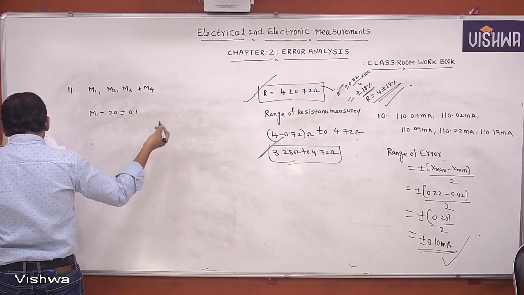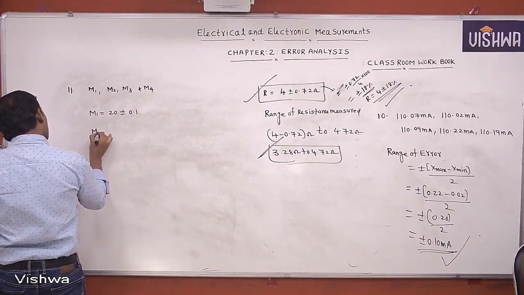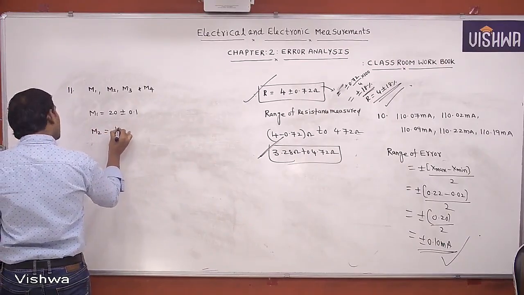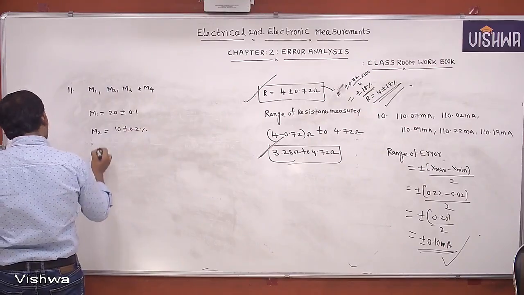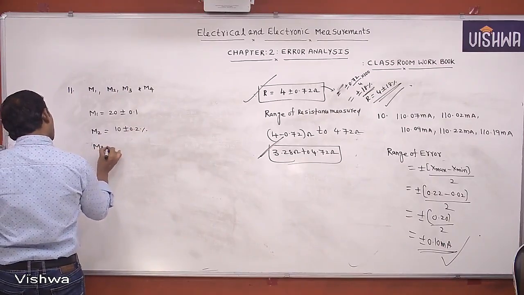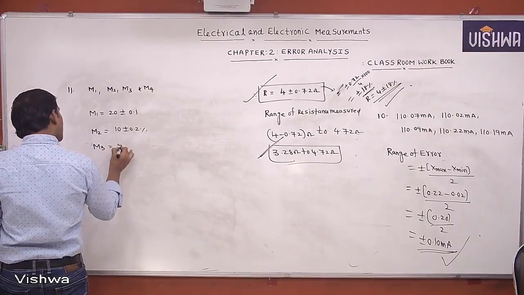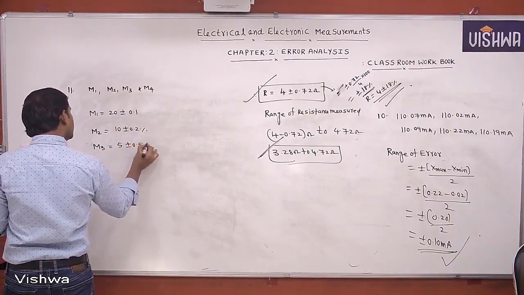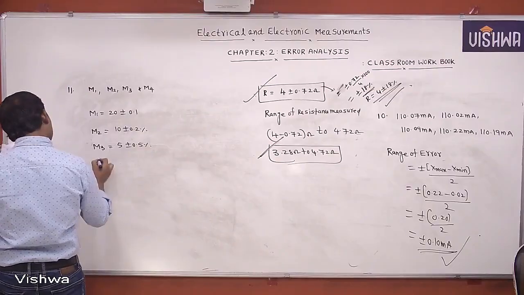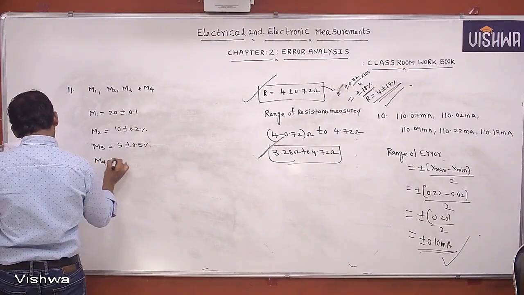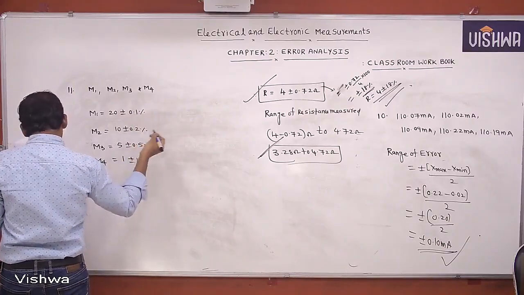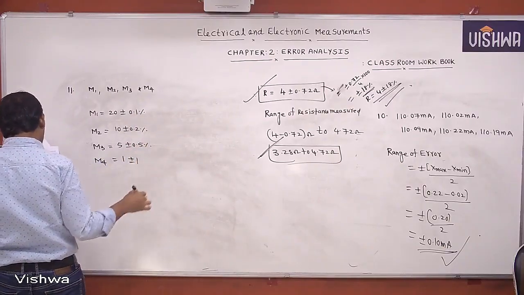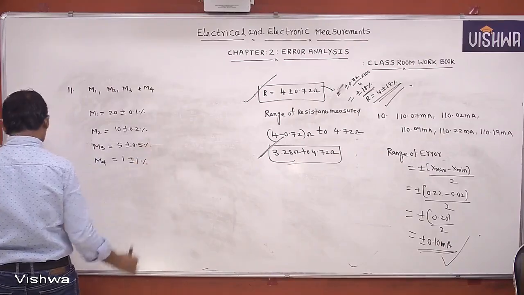M2 is 10 plus or minus 0.2%. M3 is 5 plus or minus 0.5%. Then M4 is given as 1 plus or minus 1%. All are given in percentage, mentioned in the bracket.